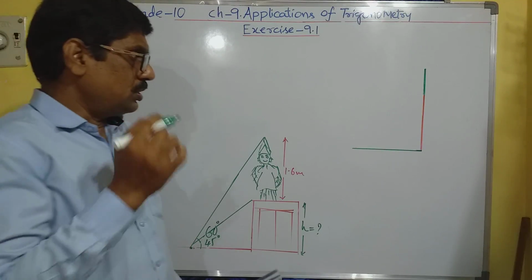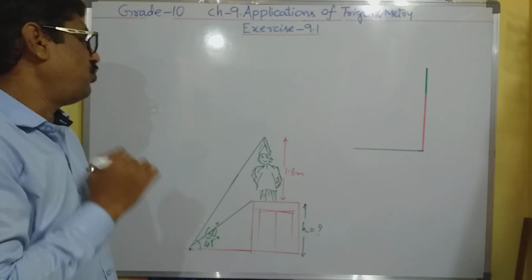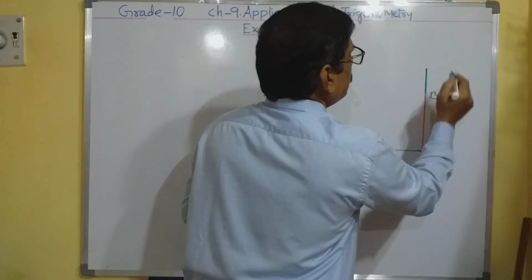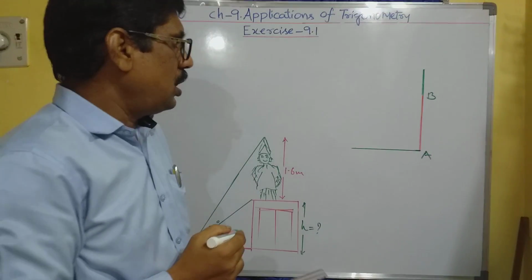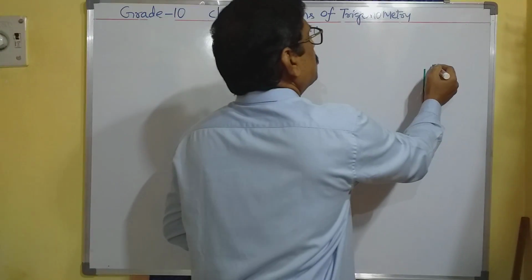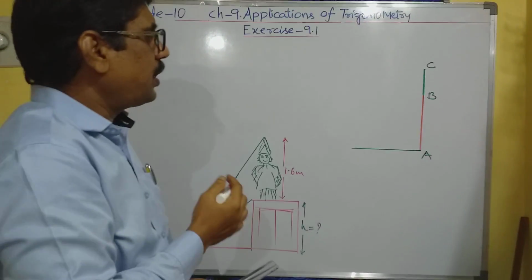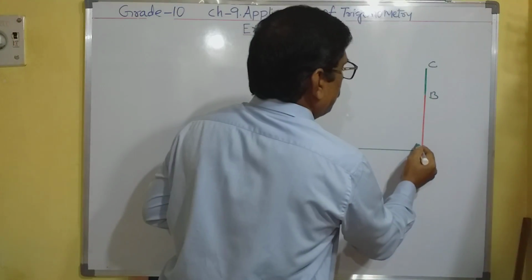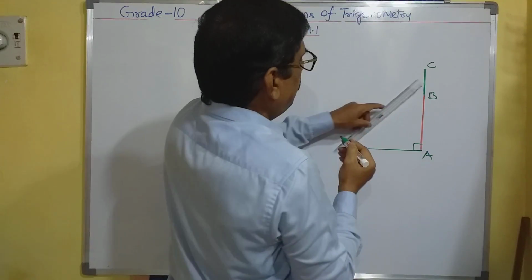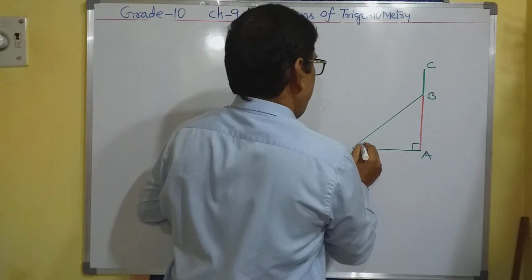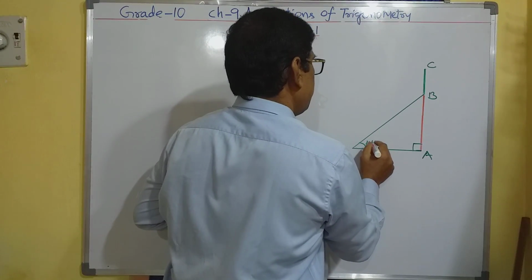Let us draw the geometric picture for this data. So let us take this AB as the pedestal, and this is the statue. The statue we have taken as BC. Okay, now this is a right angle obviously, and when you look at this point, the angle is 45 degrees.